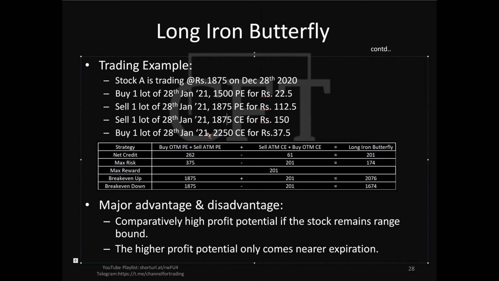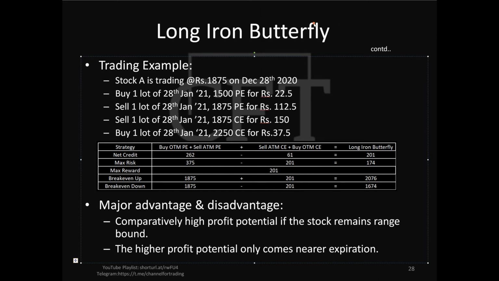And buy one lot of 28 Jan 2021 2250 CE for rupees 37.5, or rounded off, 38. Now let's see what the net credit and max risk are. Net credit is the amount we have sold minus the premium we have bought. So you add the sold amounts: 150 plus 112, as I rounded off.